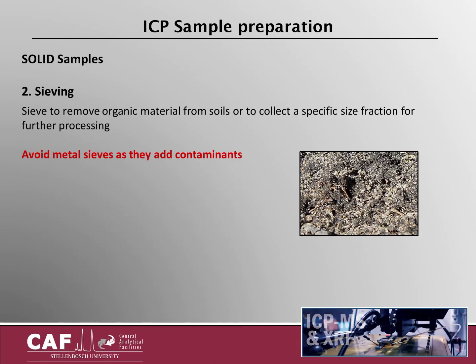Some solid samples might require sieving before preparation in order to remove organic material or large pieces of rock from the sample, or if a specific size fraction is to be selected for further processing. When trace metals are of interest in this analysis, it's best to avoid metal sieves and rather use something like a nylon sieve.